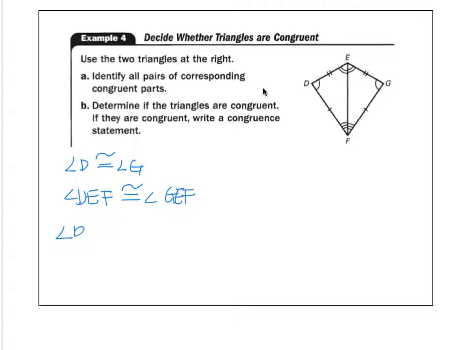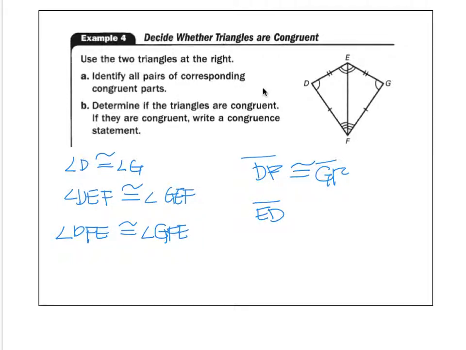And angle DFE is congruent to angle GFE. So that's angles. The sides are also marked for us. DF and GF are congruent. And the second one, ED and EG, are congruent, right? And so that's the first part.